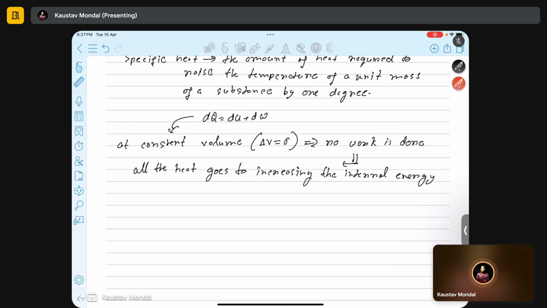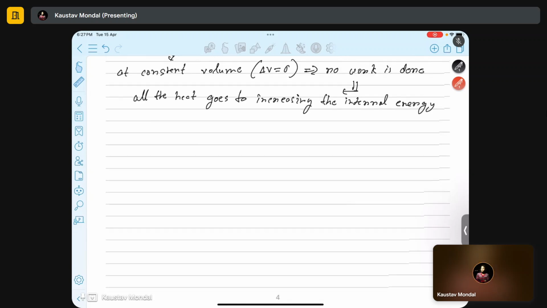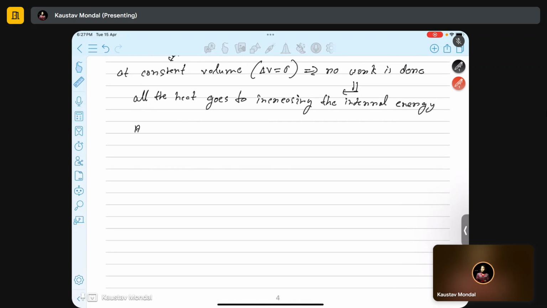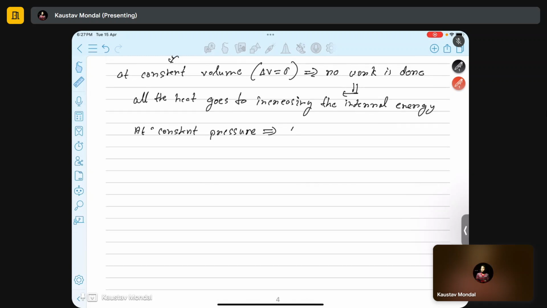Now the next thing is what happens at constant pressure. At constant pressure, the gas expands, right? And gas expanding means delta V is not equal to 0.